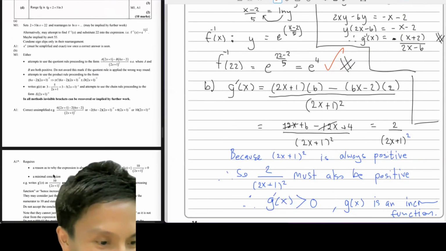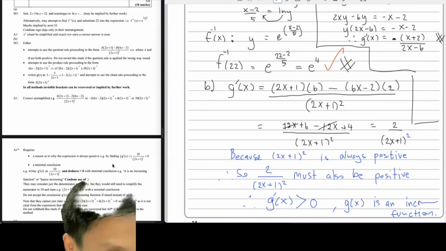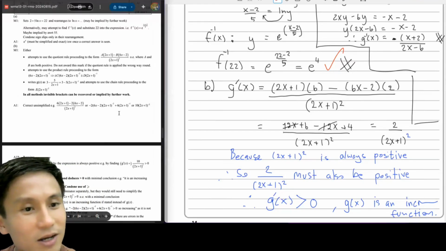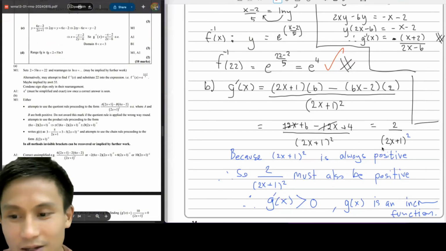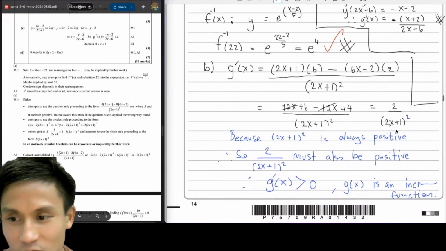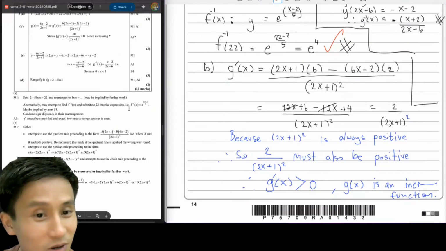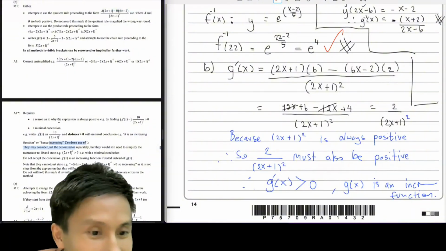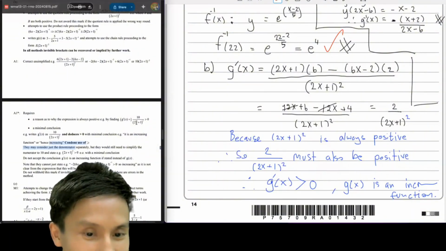I lose the A1 mark, but the final mark, I think I got it. Yeah, I think I got the final mark, guys. So we are not going to deduct my mark away because it requires a reason as to why the expression is always positive.